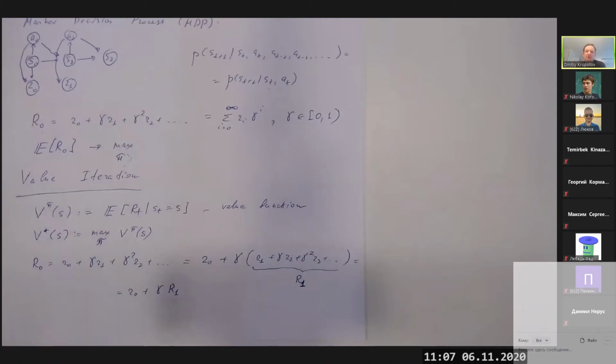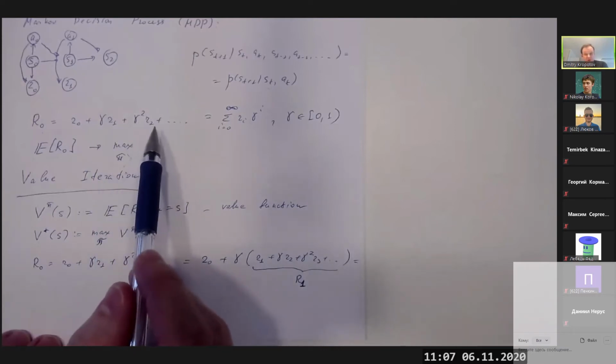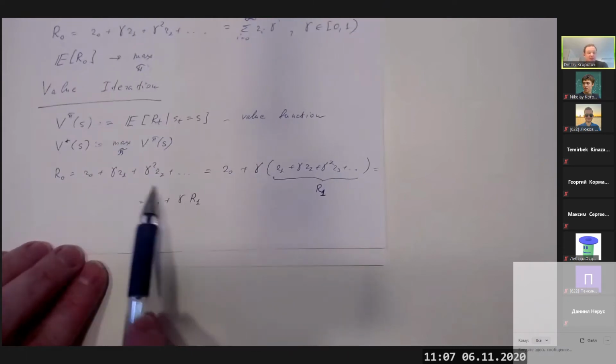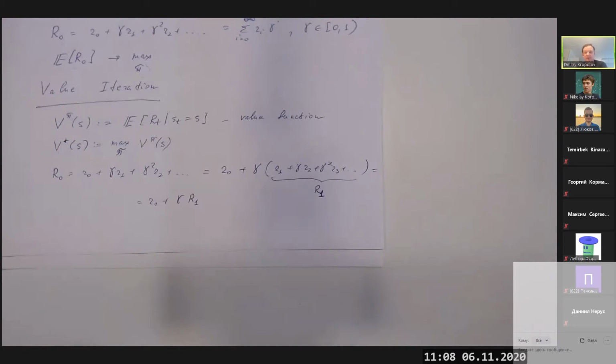So any monotonic decreasing function would fit our desired properties. But if we choose this discounting using a geometric series, the main benefit is that we have this recursive expression connecting the cumulative rewards at neighboring time moments.